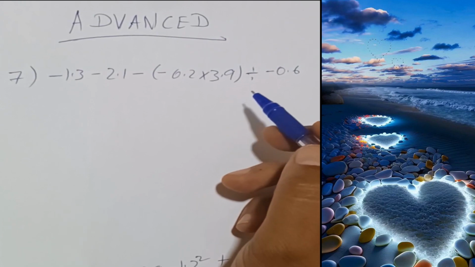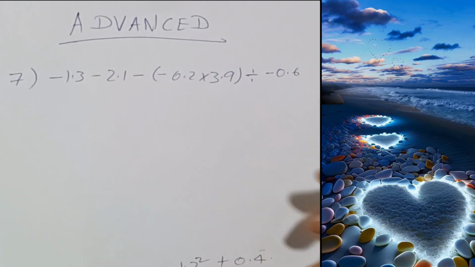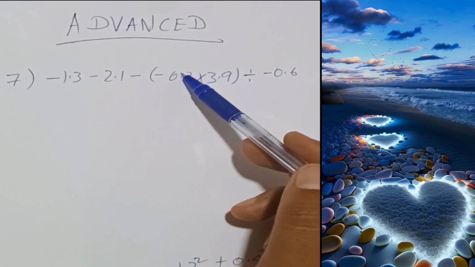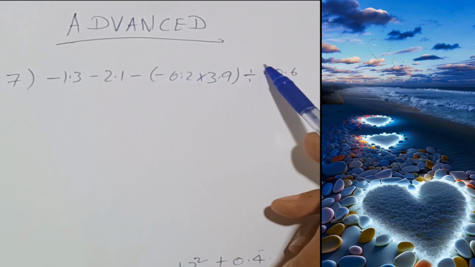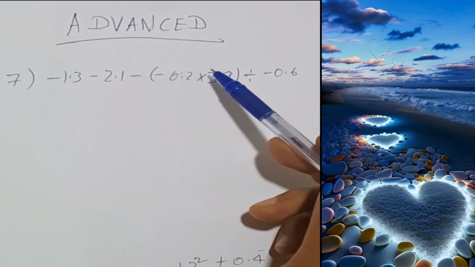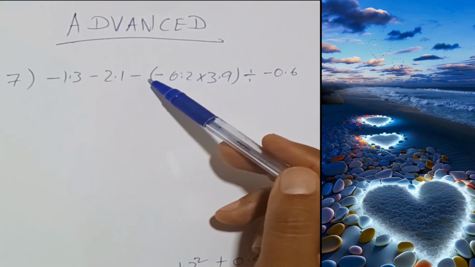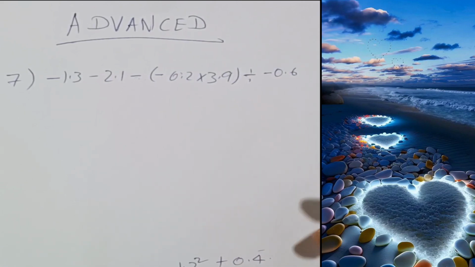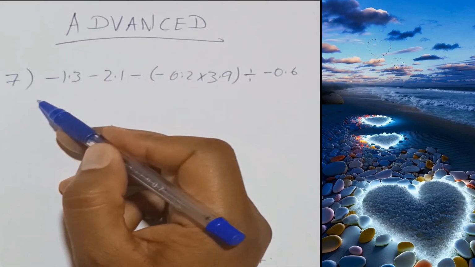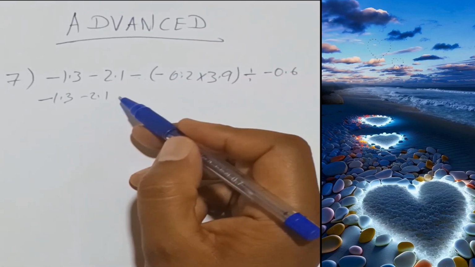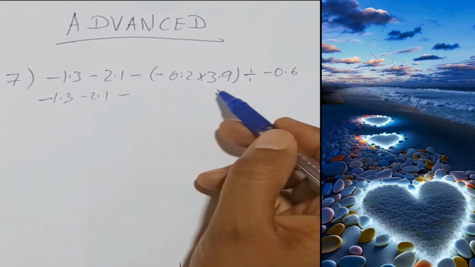This one is an advanced question, question 7. So how are we going to do this? First of all, we will do this part. Then we will do this division. Here we change the sign, then the division part, and then we continue. So this will be 1.3 minus 2.1 minus, and then we will do this.